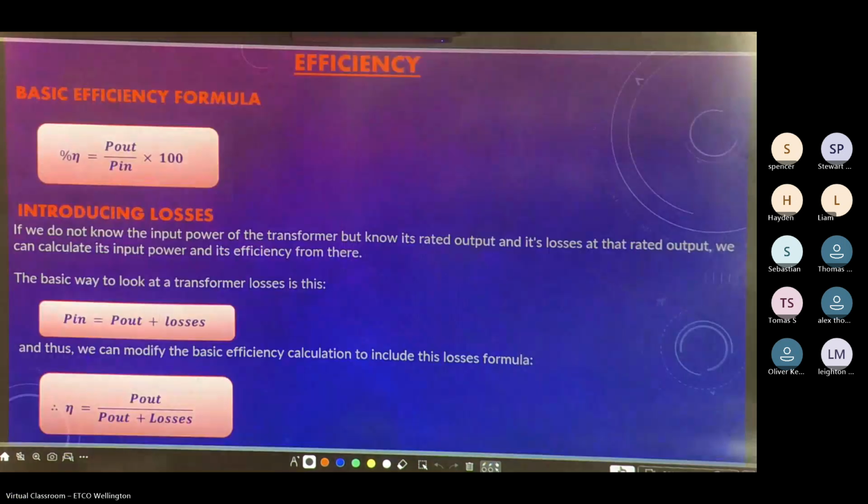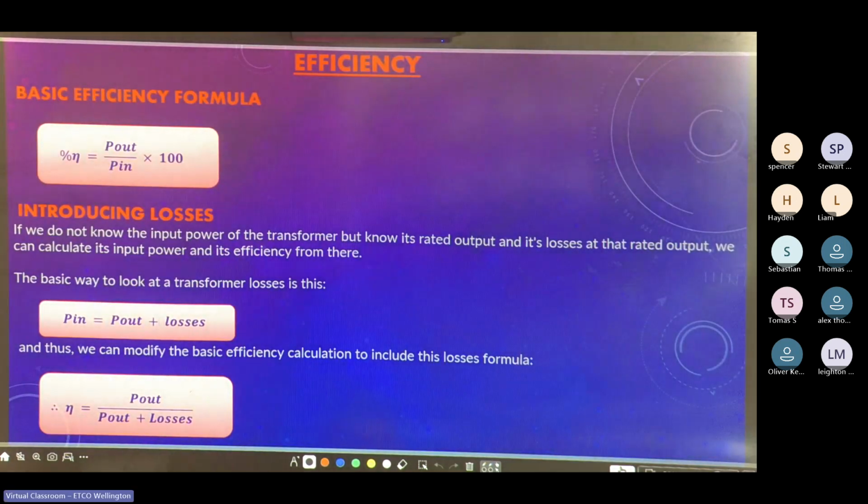Cool. Then we looked at efficiency. So the basic efficiency formula is percentage efficiency equals P out over P in times 100. That's the basic efficiency formula.